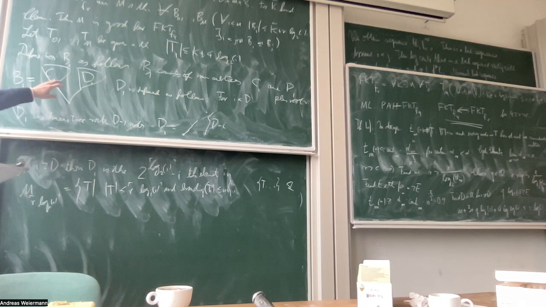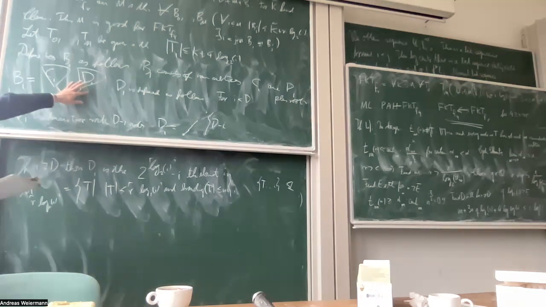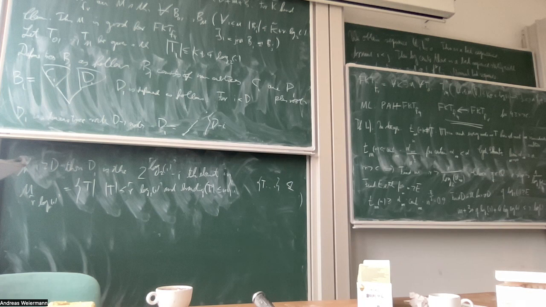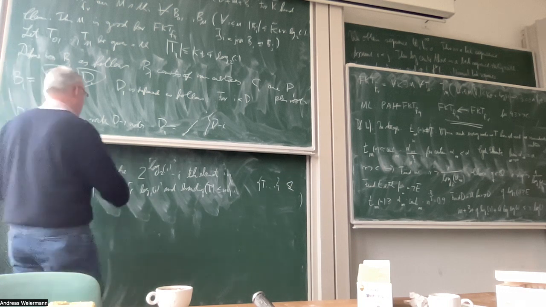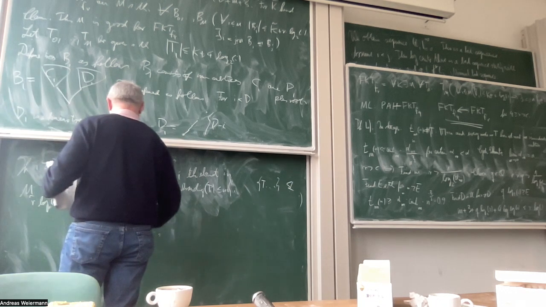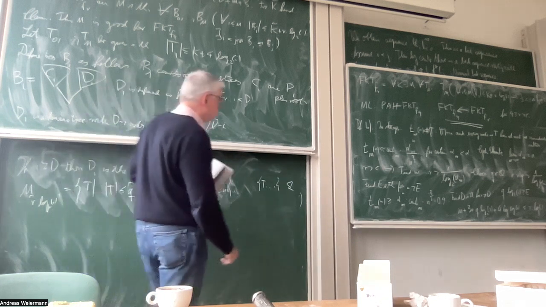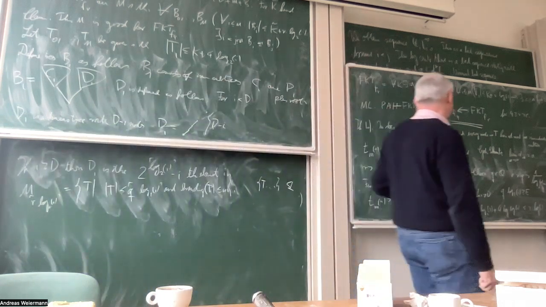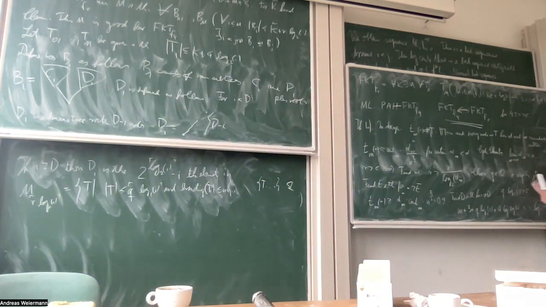Okay, now we know what Di is. What is the point here? I made a mistake. Let us take U. Yeah, U is smaller than one.